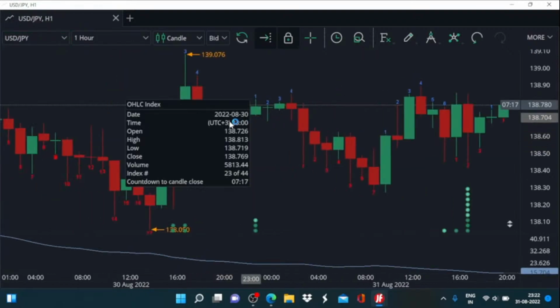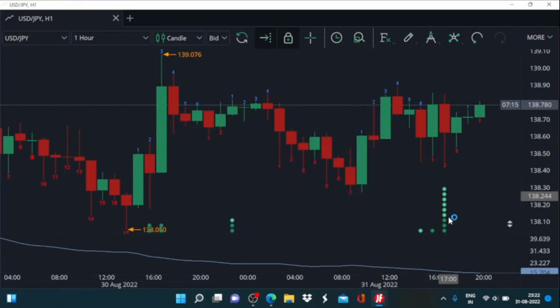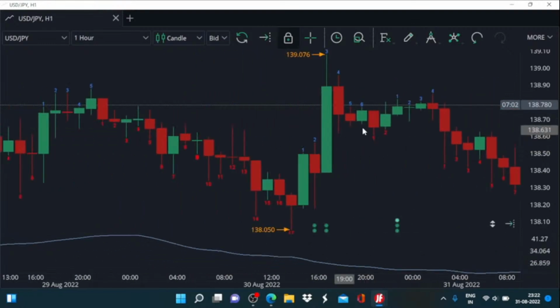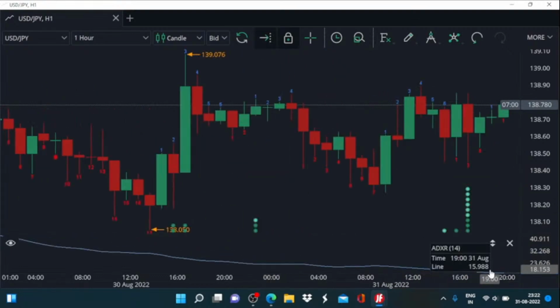So here you can notice that USD JPY hasn't gone anywhere in today's session. It has simply traded in a narrow range. Here we have its plotting, and if we consider the ADXR value, it is losing momentum. That is clearly visible from the chart, and also in this ADXR plotting.